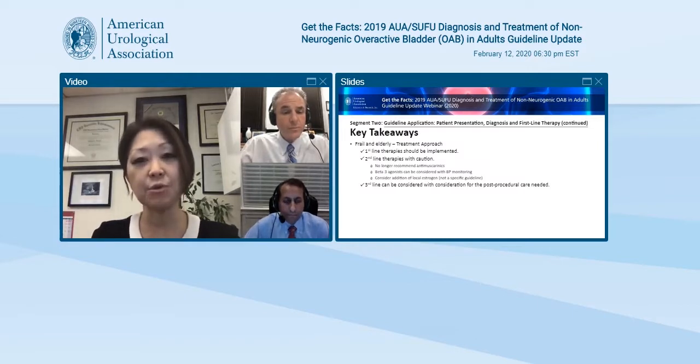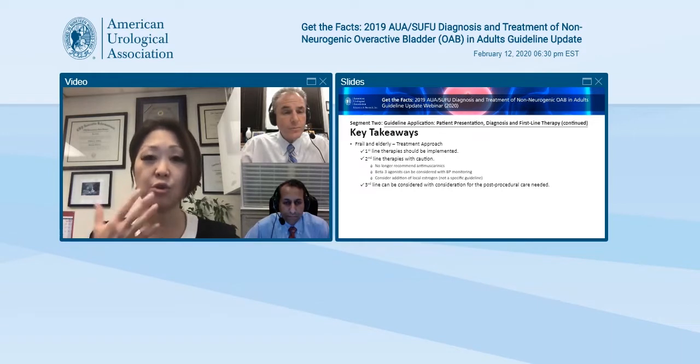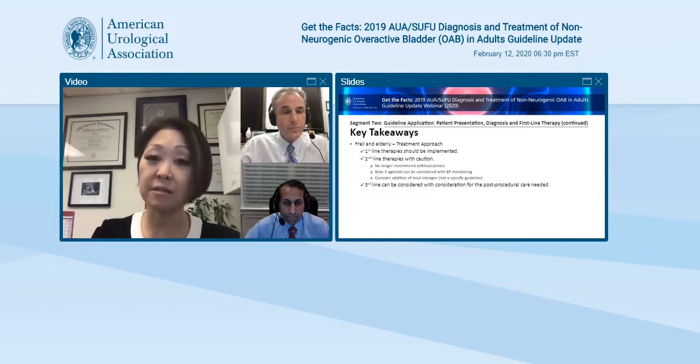With the antimuscarinics, that would be side effects like dry mouth, constipation, dry eyes, which can be problematic. But there's also a lot of emphasis nowadays on the potential cognitive effects and the potential link to dementia, which is obviously very concerning. So antimuscarinics, honestly, I've moved away from a little bit.